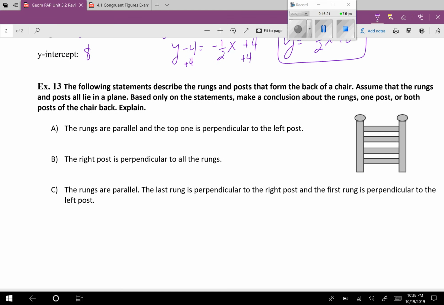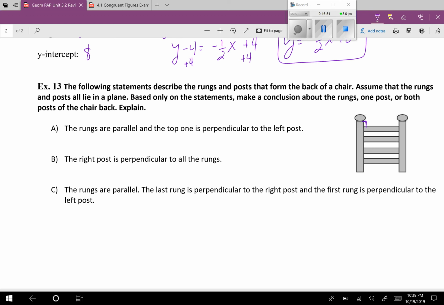Okay, last one here. It says the following statements describe the rungs and the posts that form the back of a chair. Assume that the rungs and posts all lie in a plane. Based only on the statements, make a conclusion about the rungs, one post, or both posts of the chair back. Explain. Okay, it says the rungs are parallel, so all of these are parallel, and the top one is perpendicular to the left post. So this is that perpendicular transversals theorem.